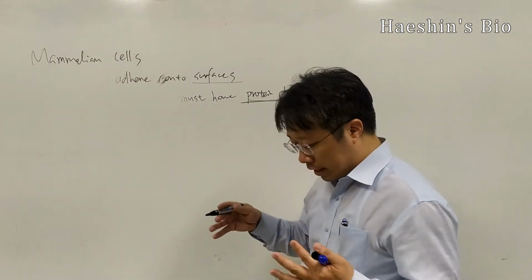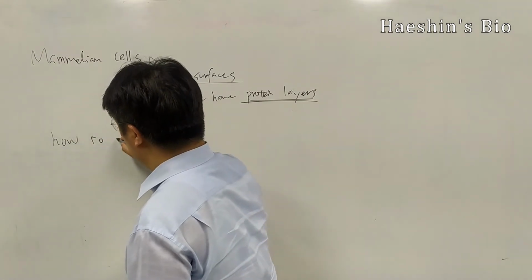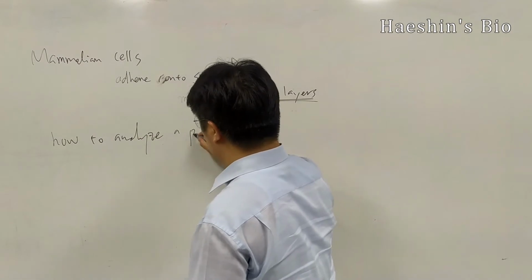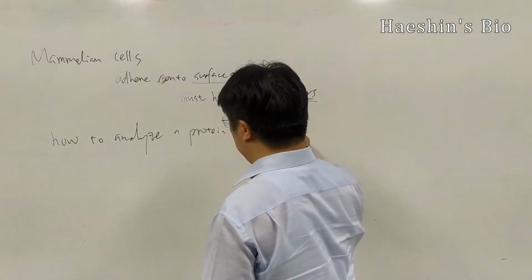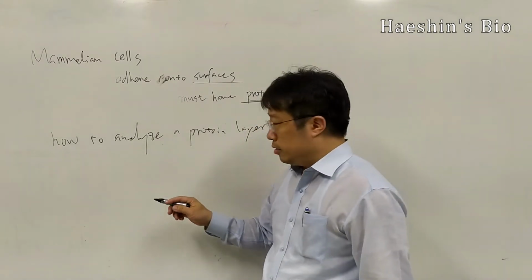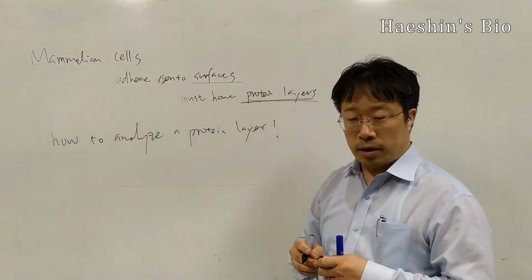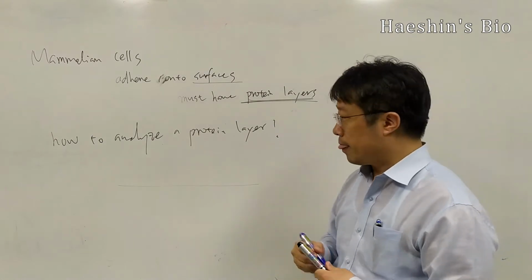But how to analyze the protein layer? Because it's very thin. Remember the size of the biomolecules in the first and second classes.